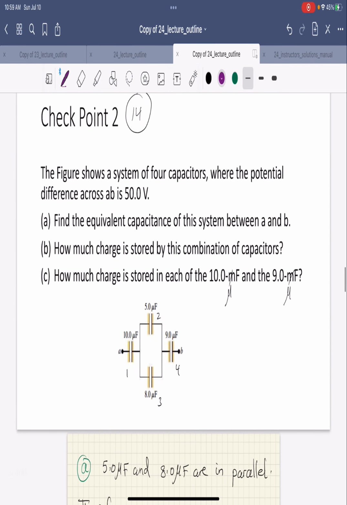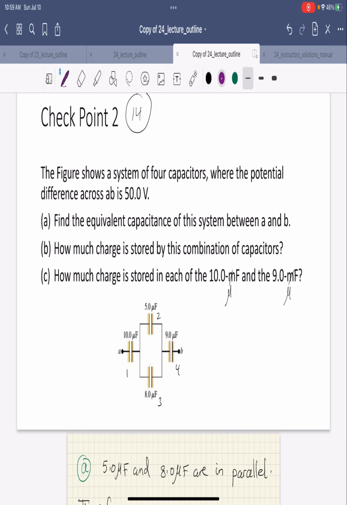The second one is about the second checkpoint here. It is about a system of capacitors where we are going to calculate the equivalent capacitance and how much charge.